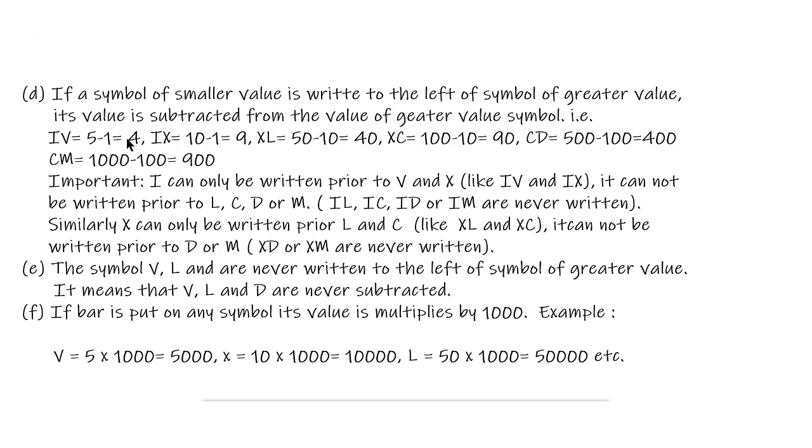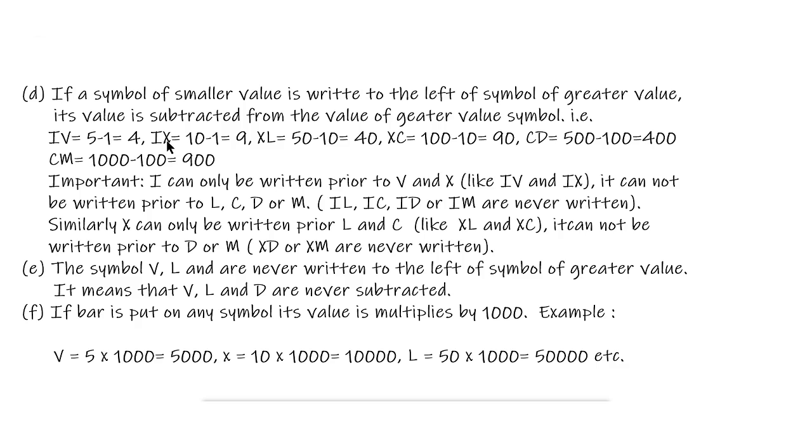That is, for example, IV, I is written prior to V, so its value will be subtracted from V. So this becomes 5 minus 1. V is 5 and I is 1, and I is written prior to V, so its value is subtracted from 5. So this becomes 5 minus 1 equal to 4.